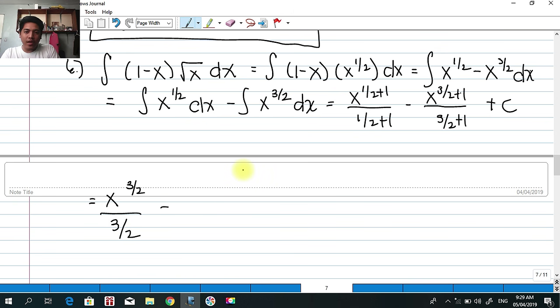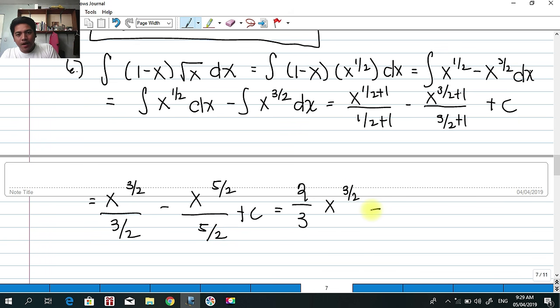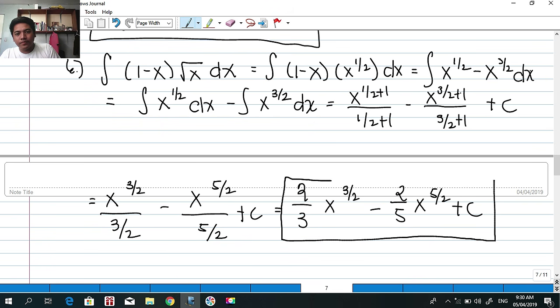Minus, 3 halves plus 1, x raised to 3 halves plus 1, that is 2 times 1 is 2 plus 3, that should be x raised to 5 halves over 5 halves plus c. So simplifying, we have 2 thirds of x raised to 3 halves minus 2 fifths of x raised to 5 halves plus c. That should be our final answer.